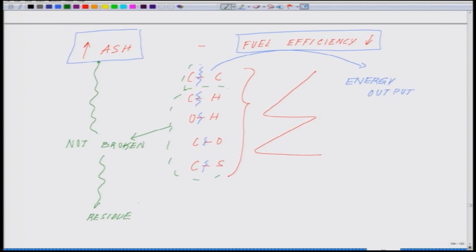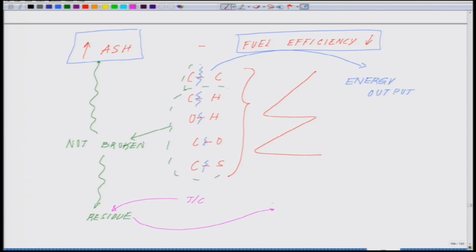So, essentially in order to break those residual bonds, you have to give more energy into the system. Okay. So, it means you put more thermochemical energy into it, and then you break them down.